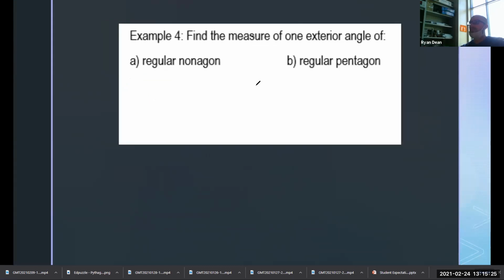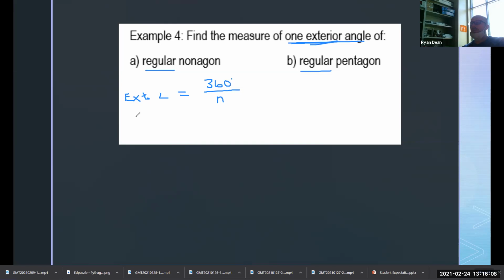All right, this question here is a little bit different because now we want to find one exterior angle of each of these shapes. Okay, so notice they're both regular polygons. So since I have a regular polygon, if I'm looking for one exterior angle, I need to use this formula here. The exterior angle is equal to 360 degrees, because that's the total sum, and I'm dividing it evenly by the total number of sides for the polygon.